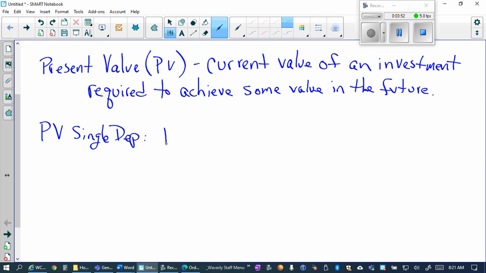So P, the principal, the original present value, equals B, the balance that you want at the end of some time, divided by (1 + r/n) to the nt. Of course, n is the number of compounding periods per year, t is the number of years.